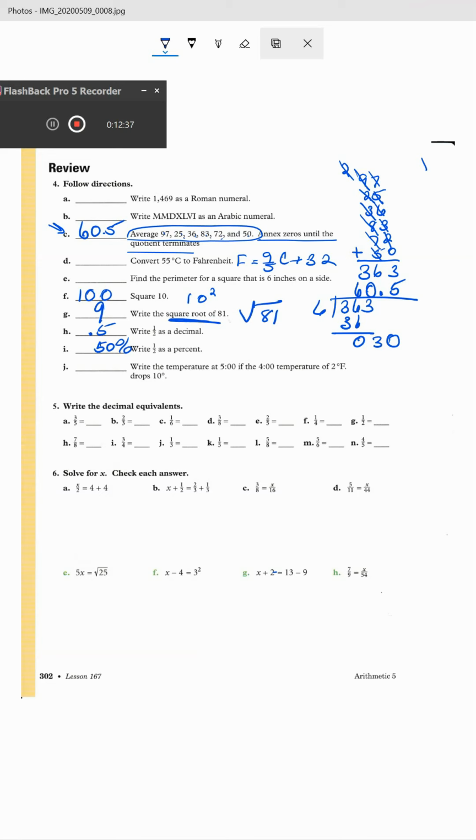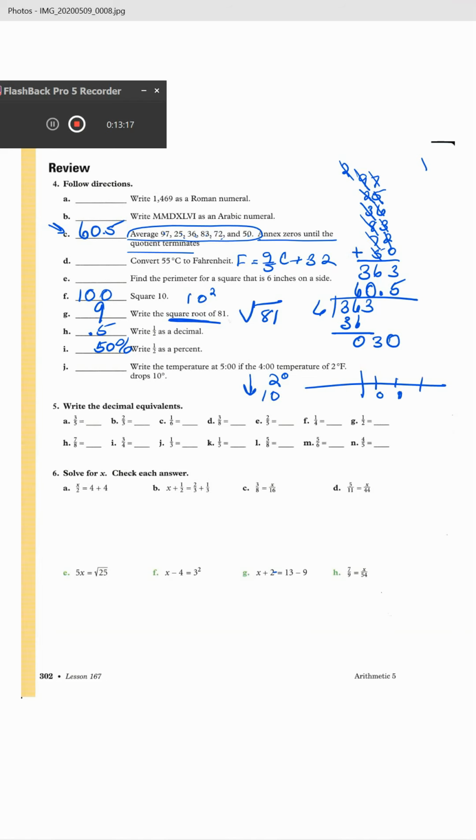Write the temperature at 5 o'clock if the 4 o'clock temperature of 2 degrees Fahrenheit drops 10 degrees. So if it's 2 degrees positive and it drops 10 degrees, think of it as a number line. Some people have trouble with the negatives.